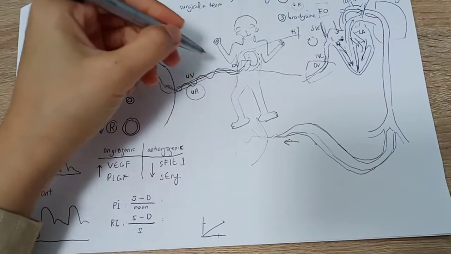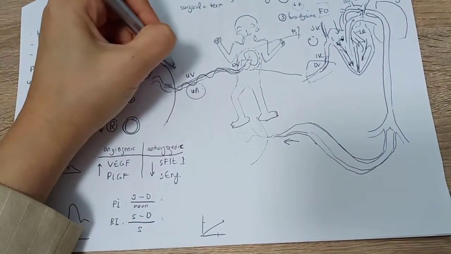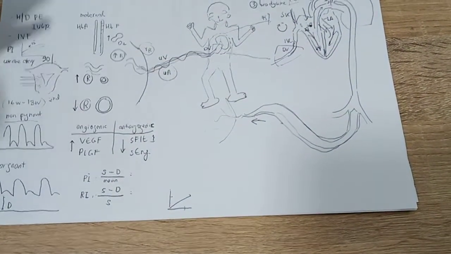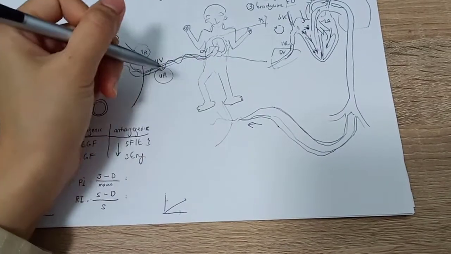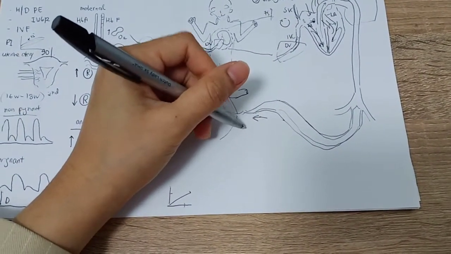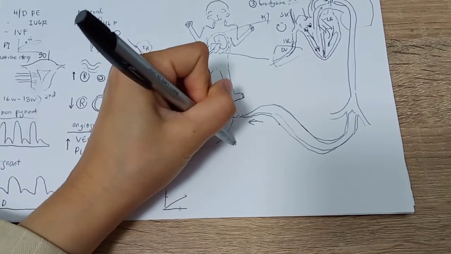Due to this stressor, the fetus also develops the same reaction with higher resistance. So in a normal pregnancy, you'll see the Doppler of the umbilical artery will look something like this.